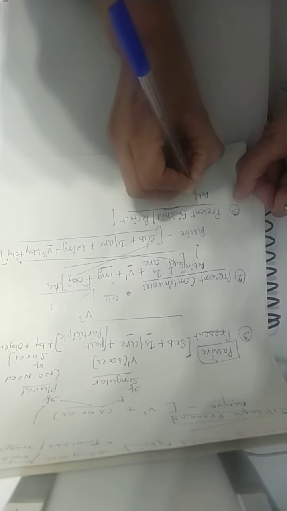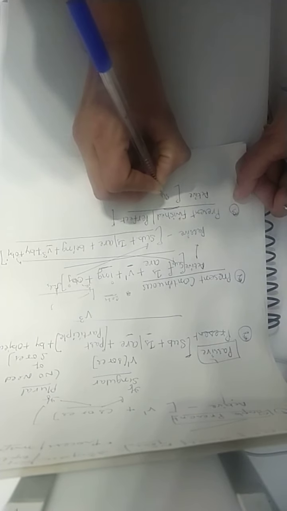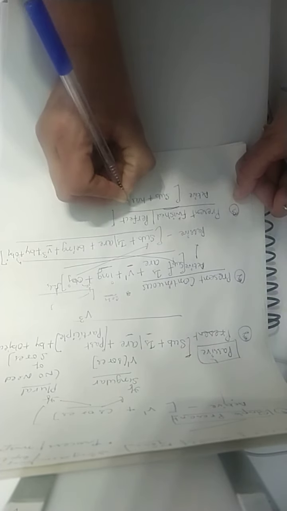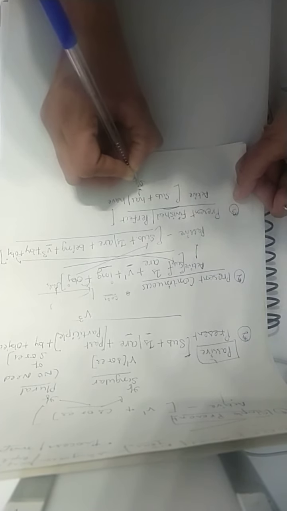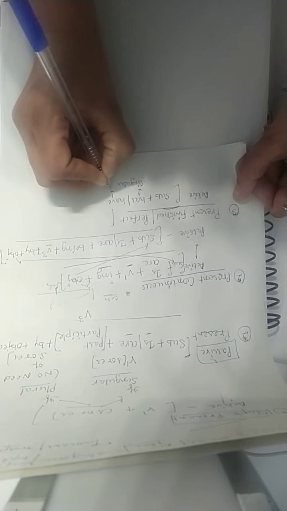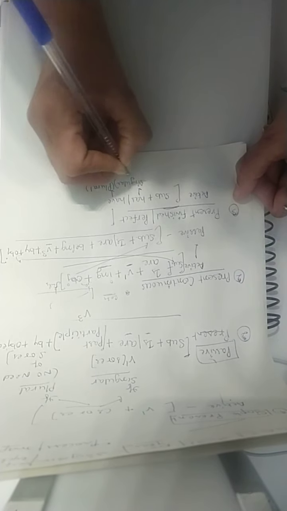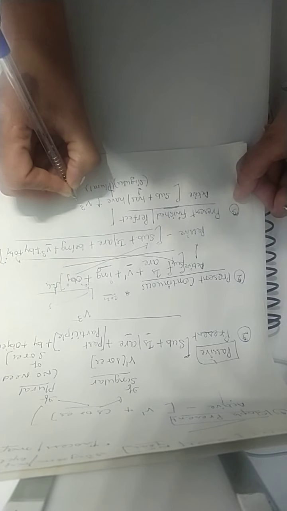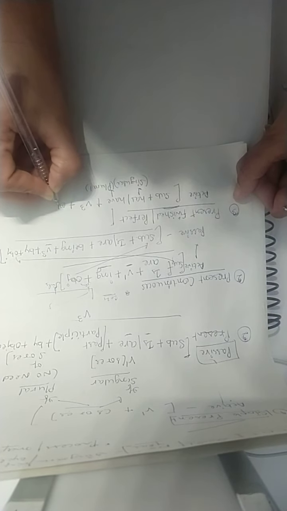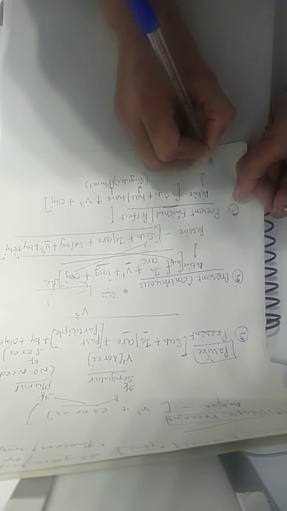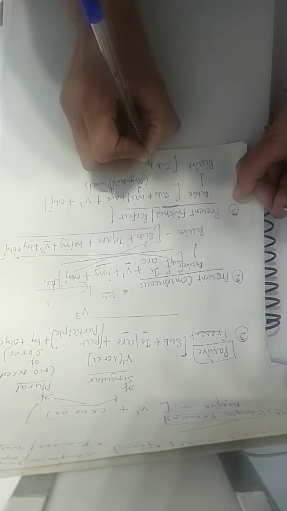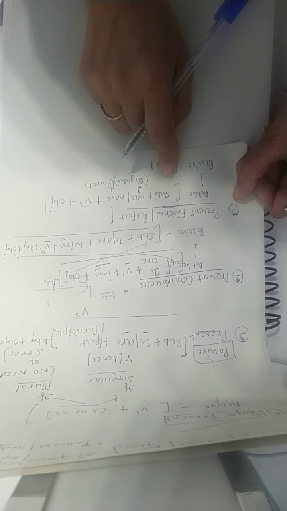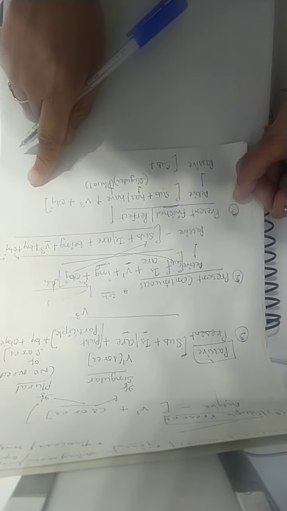If you are writing active, then you need to write the subject, then has or have, has for singular and have for plural, and then the past participle and then your object. And when you are writing passive, again you have to interchange your object with subject, and your subject will take the place of your object.